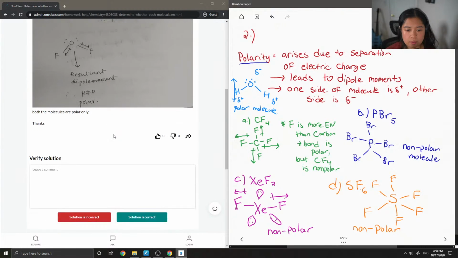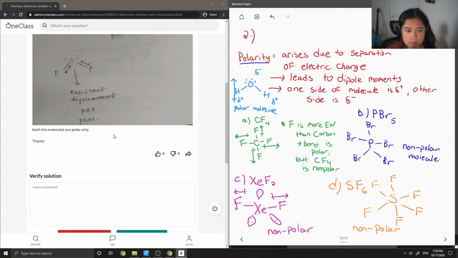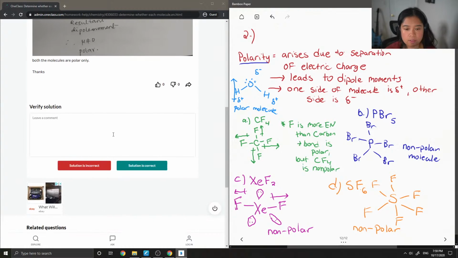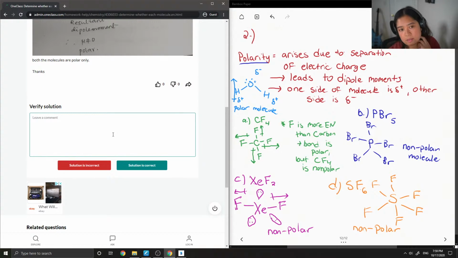So I'm just gonna verify with the molecules that were given in the question. In this question, all molecules are nonpolar.